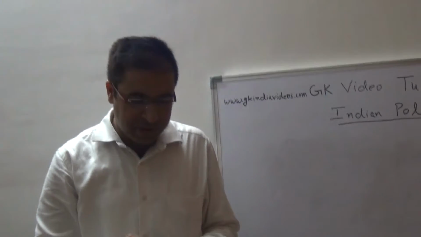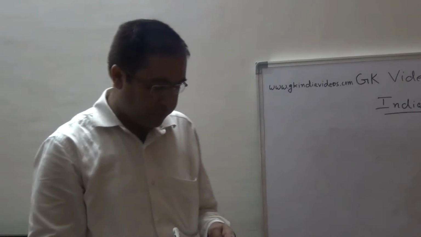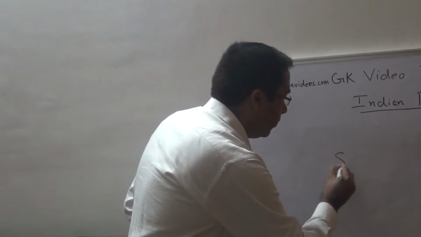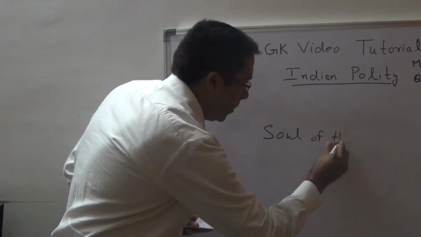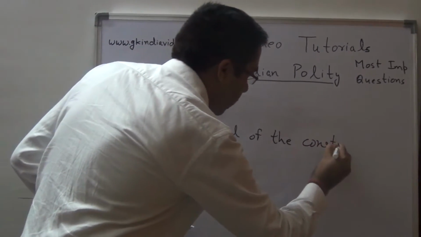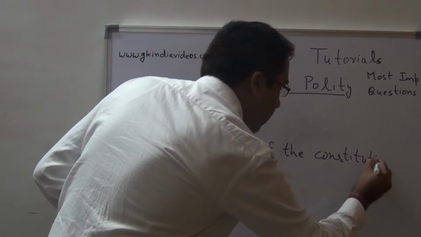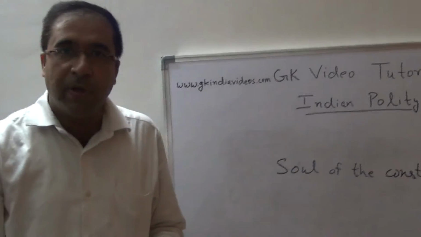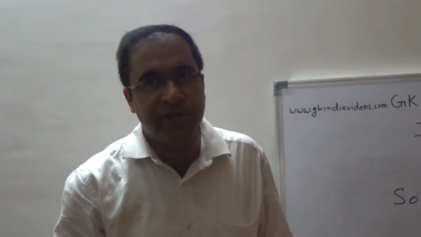Our next question is, the Preamble is also known as the soul of the Constitution. And the next question is, the Preamble of the Indian Constitution was adopted on which date?